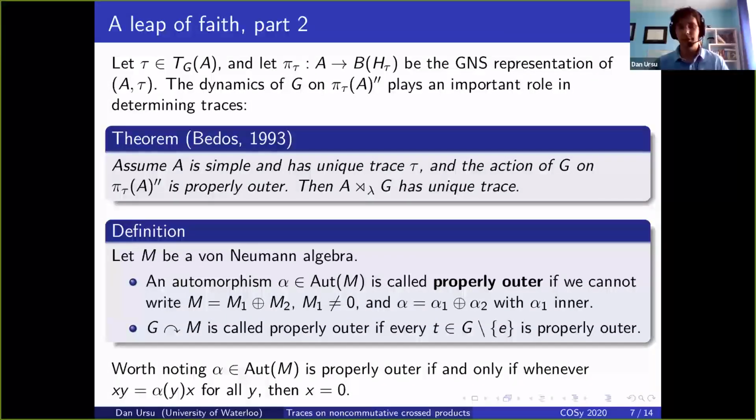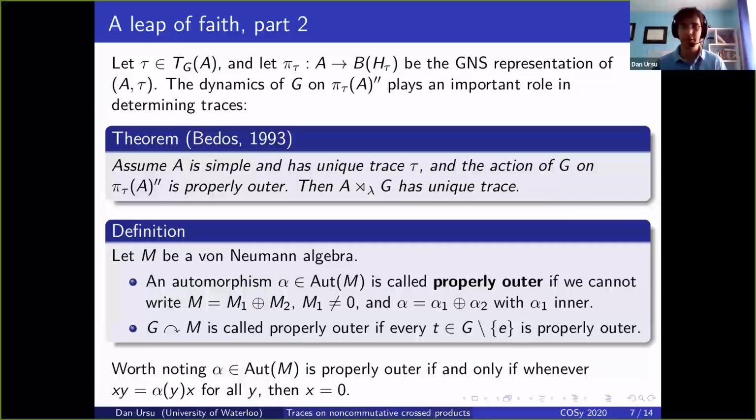And there's one more characterization of properly outer that we're going to be making a bit of use of, and that's the following, that an automorphism alpha is properly outer if and only if whenever x is some element satisfying xy equals alpha(y)x for all y in your von Neumann algebra, then x is necessarily 0. And this is the definition that was originally introduced by Kallman when he introduced properly outer.